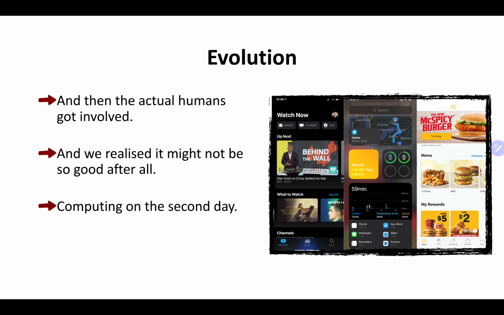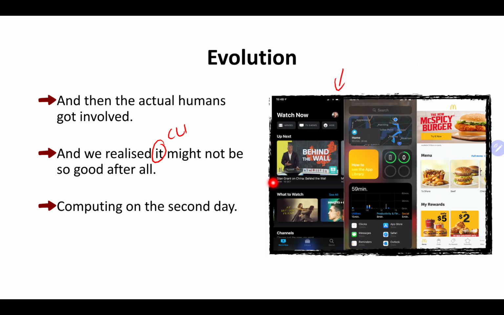So basically here is where the human beings got involved and everything changed, because the human beings, which is us, actually realized that CLI might not be good for everyone to use, because when we use CLI, it just involves the terminal, right? We need to put a command, it's just on a black screen, so it's not easy for us as humans to use it. So that's why we start to use GUI.